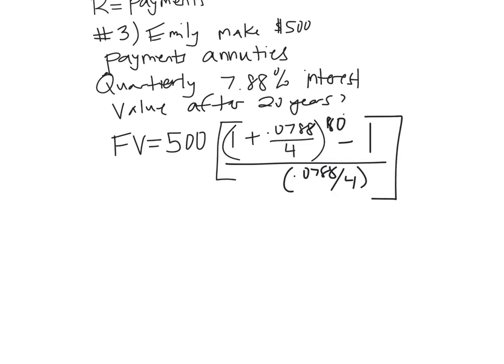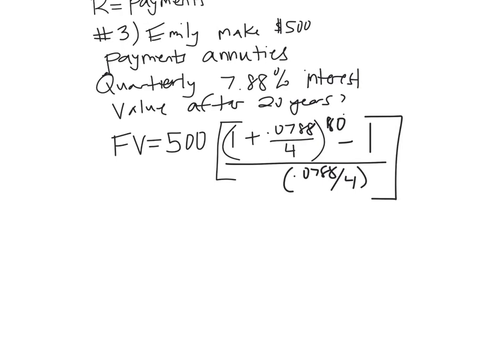I like to do parentheses. I like to do the numerator of this first, leaving the 500 alone. So parentheses 1 plus 0.0788 divided by 4. We're going to raise that to the 80th power, arrow down, and then subtract 1. I like to hit enter right there. So that's the numerator of this fraction.